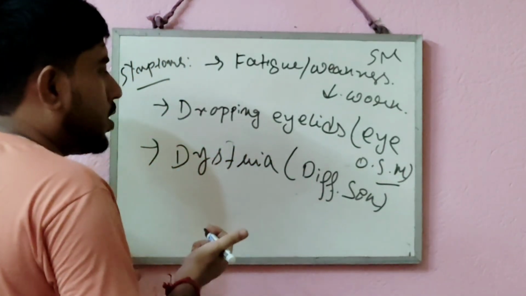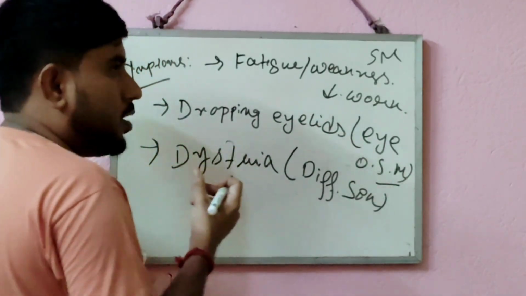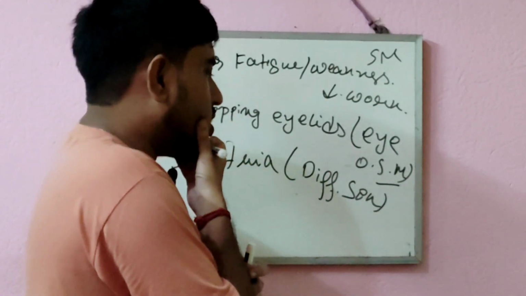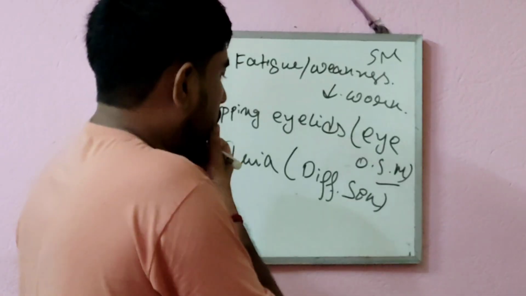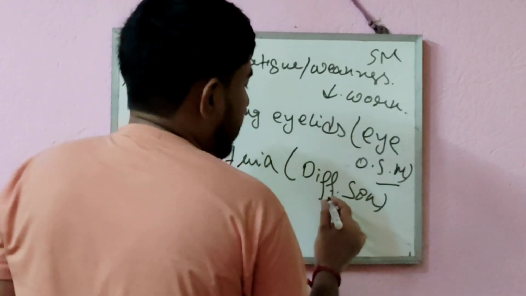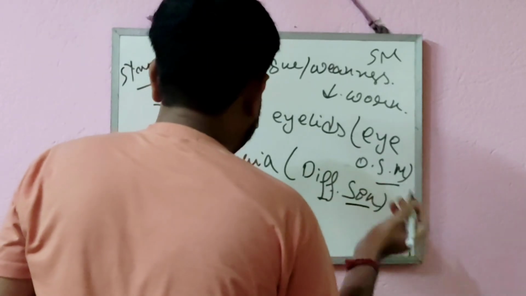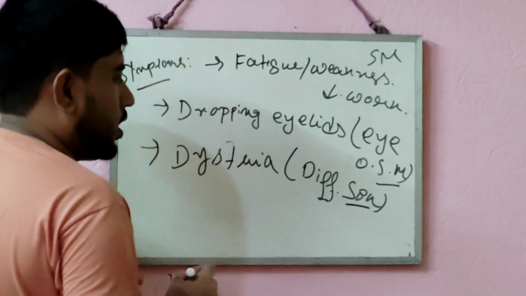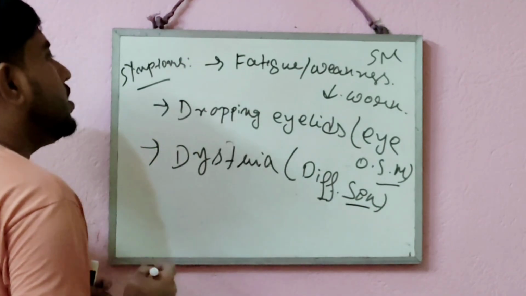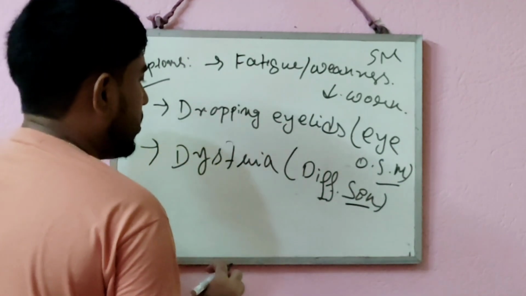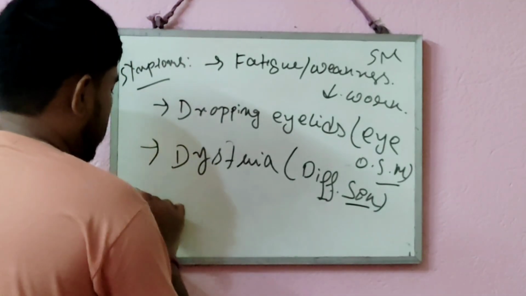In myasthenia gravis, due to the weakness or fatigue of the smooth muscle present in our mouth or oral system, the patient sometimes suffers from difficulty in speaking. That in medical terms is called dysarthria. That also sometimes indicates that the person may be affected by myasthenia gravis in the oral region.